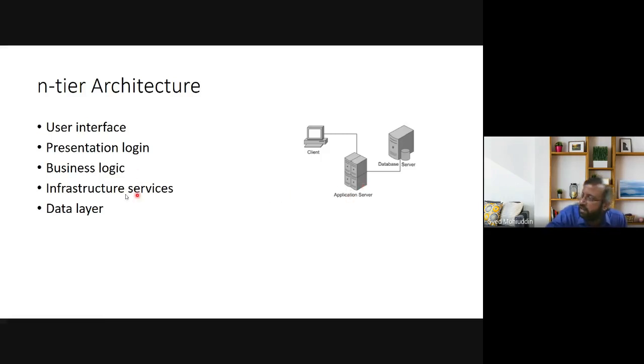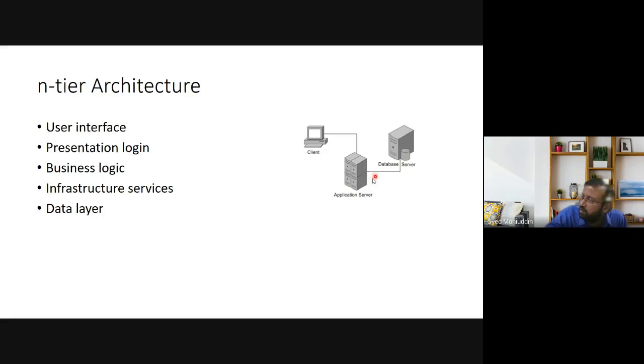But here in enterprise, what happens is this application part. There can be any number of clients, but there are several layers over here with the application server. And obviously, we're going to have a database server also for the data layer. Along with the business logic, we can have many infrastructural services between the client and application server and the database server.